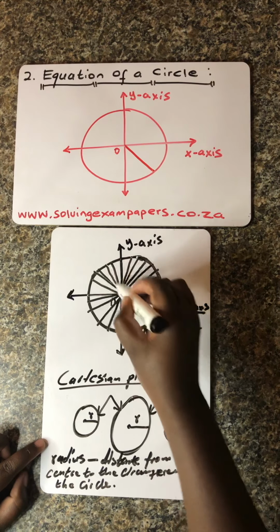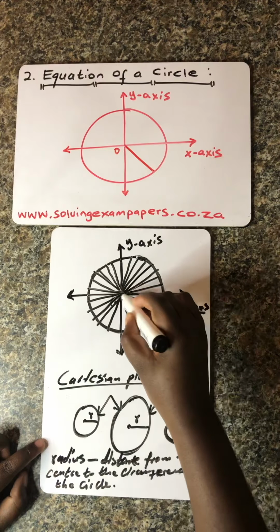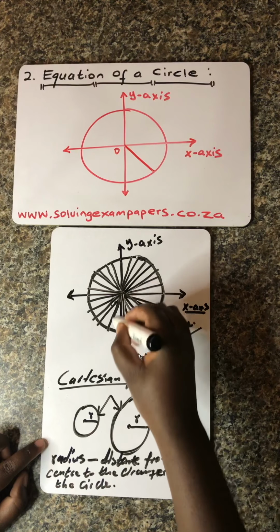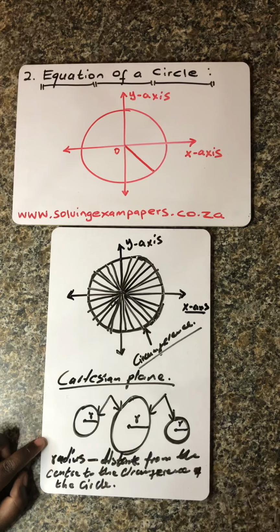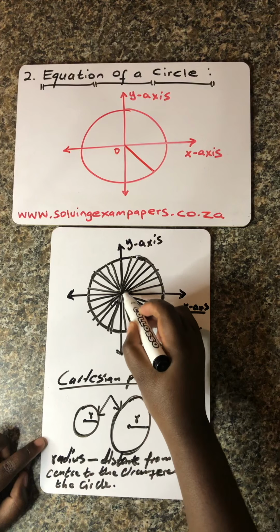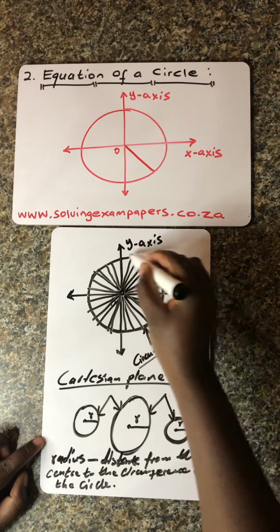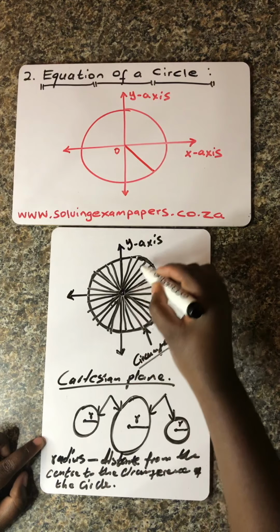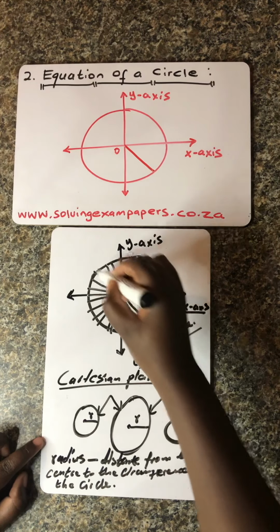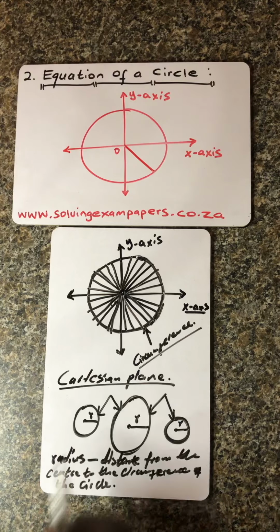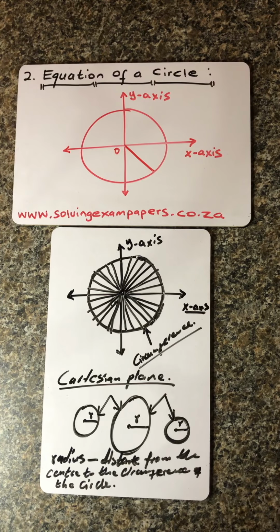It doesn't really matter whether it's radiating from the center in whichever direction, as long as it's just a straight line from the origin in this case, but generally speaking from the center of a circle to the circumference. It doesn't matter in that direction or in that direction. We just need to know that from the center to the circumference of the circle, that's what we call the radius. Very much important.